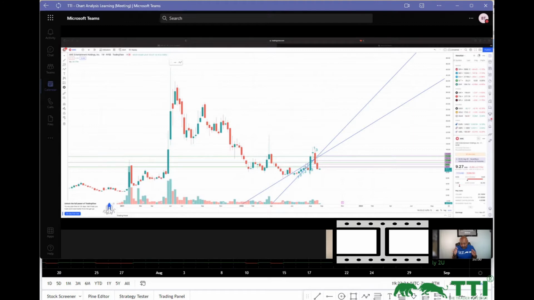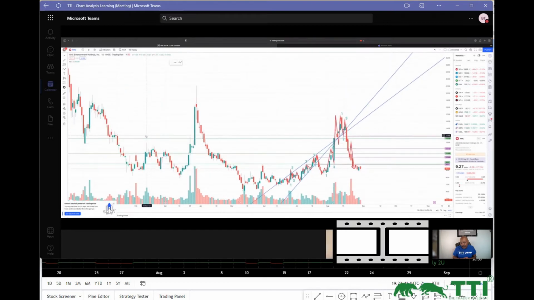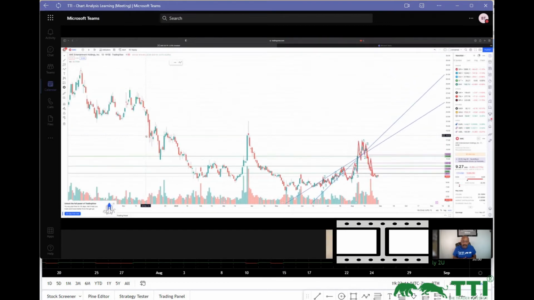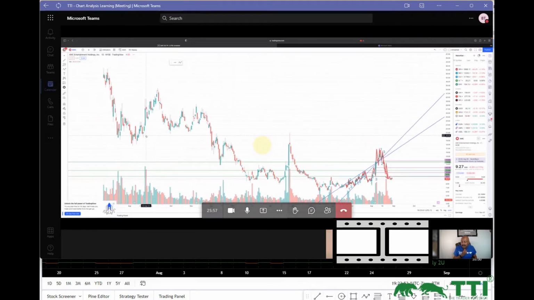But if you're using, for example, the daily support resistance, and the hourly pulls back to that level, then you say, hey, let me pull the trigger. Okay. Hopefully that makes sense. Yeah, it makes sense to me.